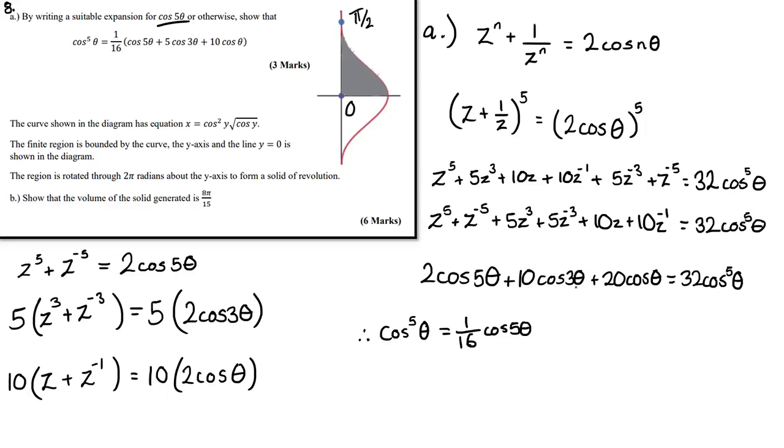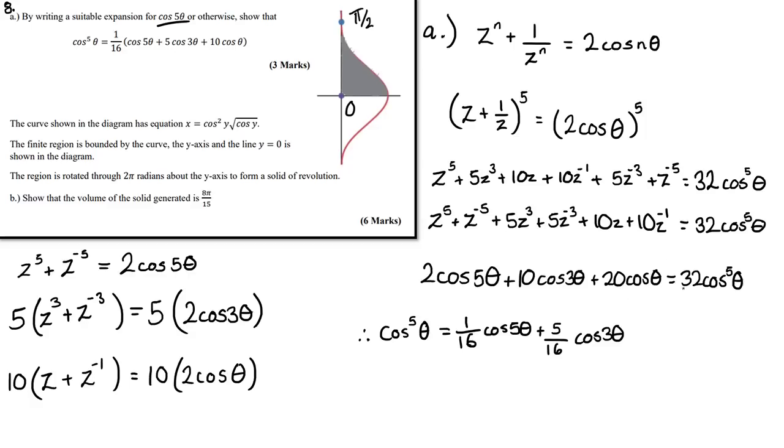I've now got 10 cos 3 theta divided by 32, so that's 10 over 32. Again, I'm going to put everything over 16, because notice here it's 1 over 16. They factored that out. So 10 over 32 is the same as 5 over 16, so plus 5 over 16 cos 3 theta.